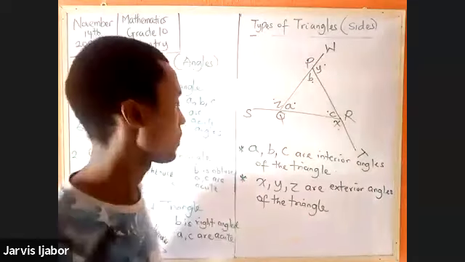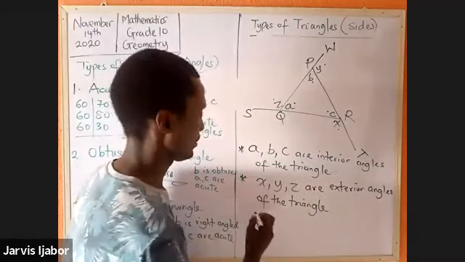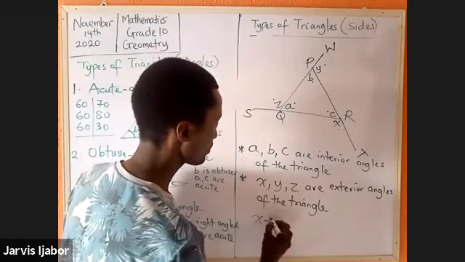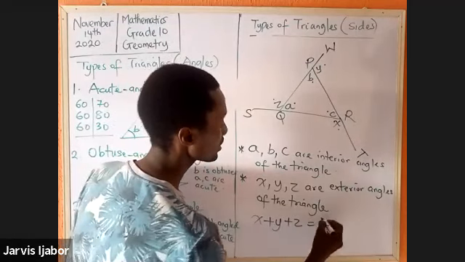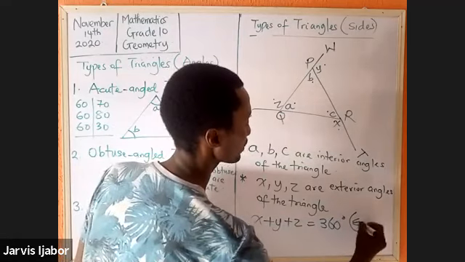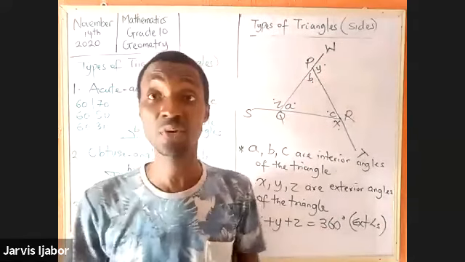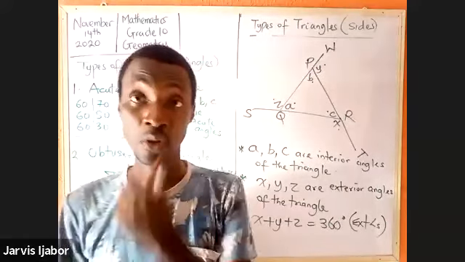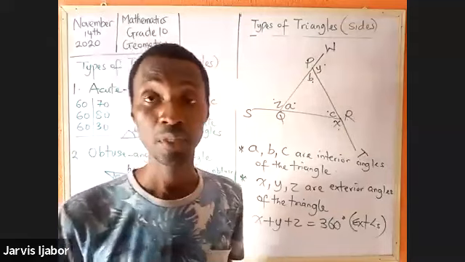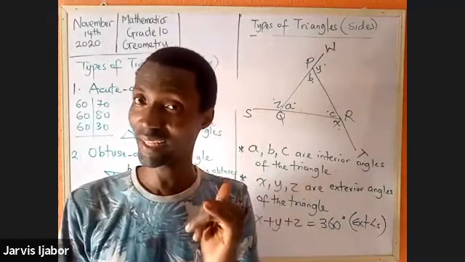180 degrees. Now, key to it is that the exterior angles X plus Y plus Z is equal to 360 degrees. And the reason for that is that exterior angles, especially in maths, we just say exterior angles. So exterior angles of what? A triangle, or exterior angles of a polygon. I've mentioned polygon again.